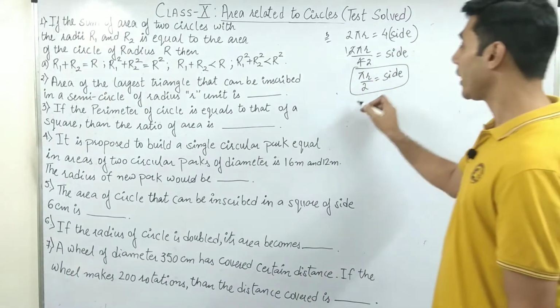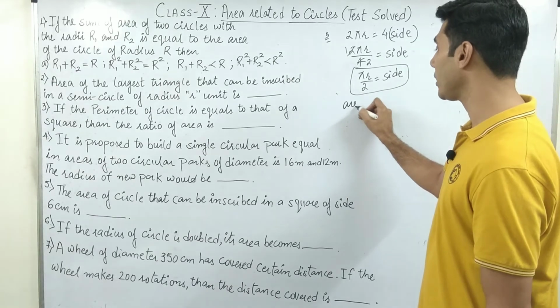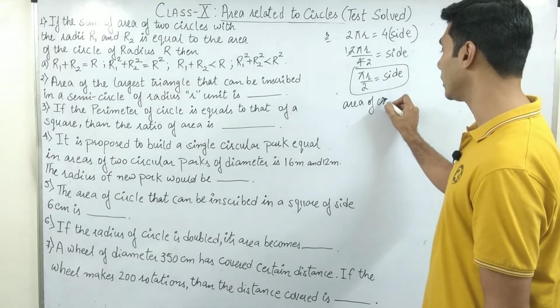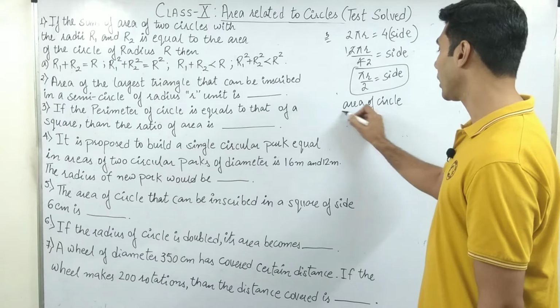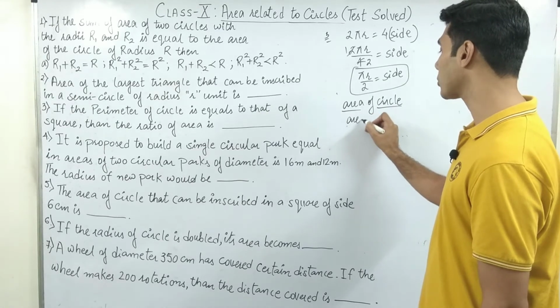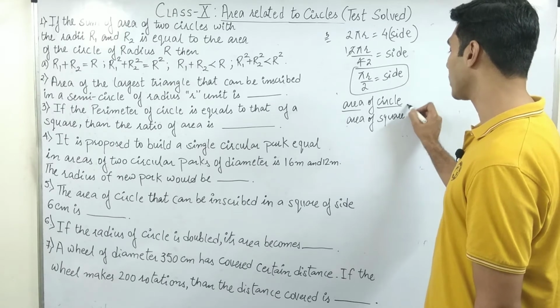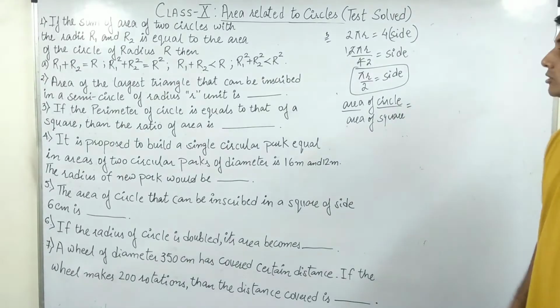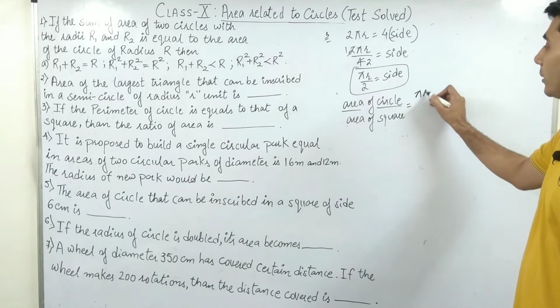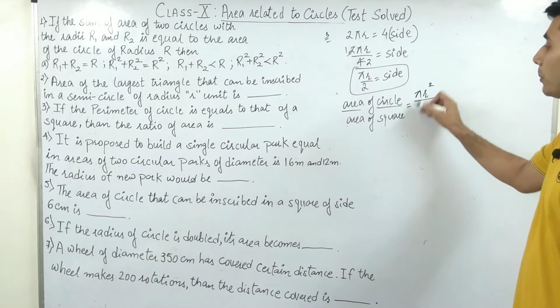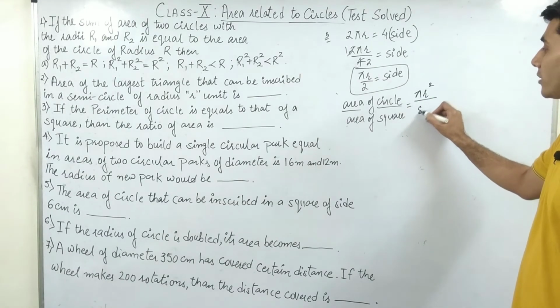Now, area of the circle upon area of square. So area of circle upon area of square. So what is area of the circle? That should be equal to pi r square upon area of the square is what? That is side square.